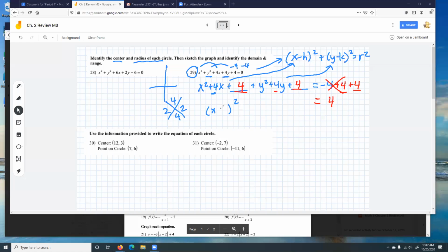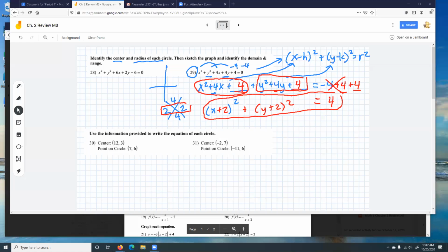And this is going to be x plus 2 squared. If I rewrite this as a perfect square, it's x plus 2 squared. And this is y plus 2 squared, if I use the diamonds, equals 4. This is now in standard form of a circle.